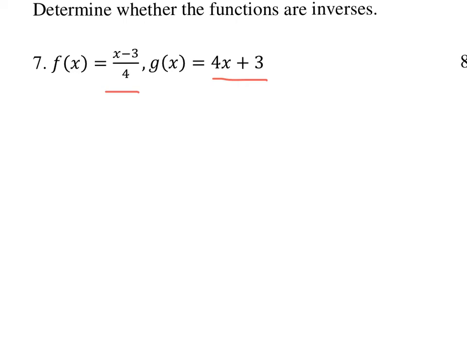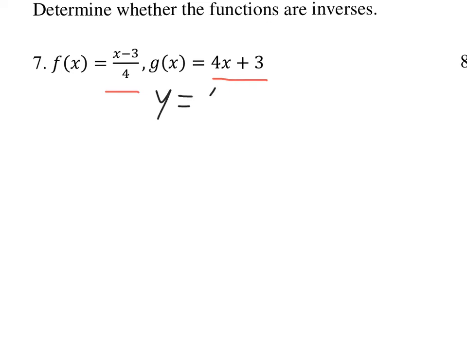If the inverse of what we found is equal to the other equation, then the two functions are inverses of each other. Now, between a fraction to start off with and a non-fraction, I'm going to pick the non-fraction to start off with. So I'm going to solve for the inverse of g of x.